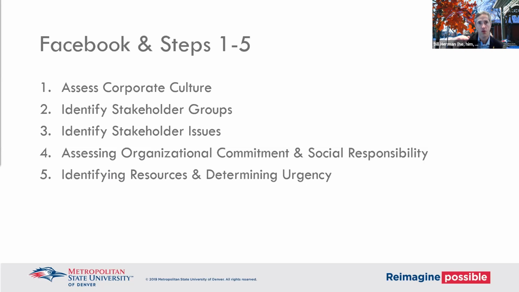But if we were to go through again and identify the stakeholder groups, identify the stakeholder issues, assess the organizational commitment and social responsibility, what would we find? And if we found some gaps, even if it's good but not great in some areas, what might the C-suite say about it when it's time to identify resources and determine urgency? Are they willing to live with a little bit of a gap there, or is that something they'd be pretty anxious to close? I think no matter which company you look at, this is fascinating.